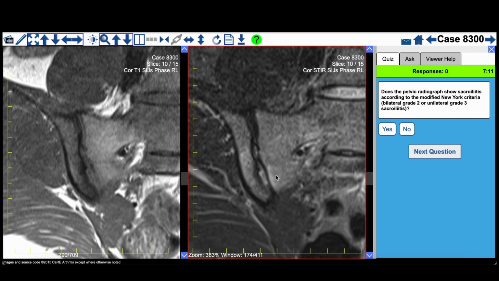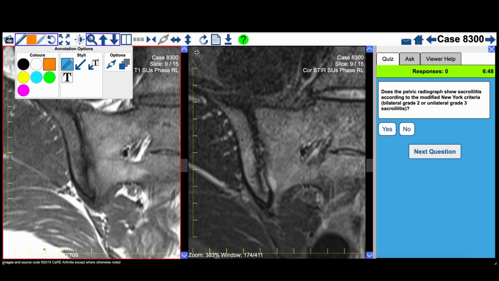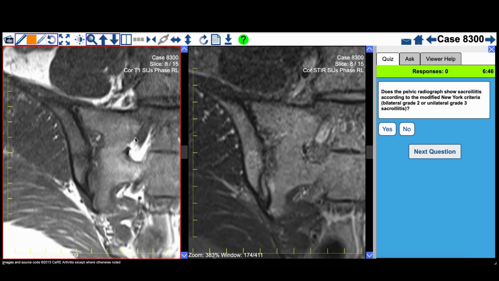Small degrees of bone marrow edema, particularly in the anterior sacrum, can be seen in early osteoarthritis. But this patient very clearly has erosion that's visible on several slices. We can see that there is almost a punched out defect in the right lower ilium. We see it again in another slice.